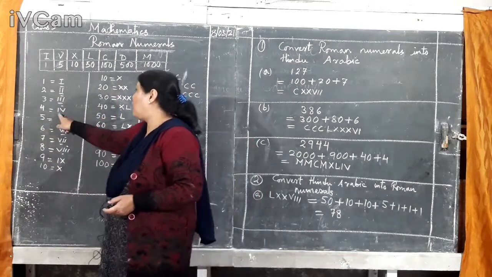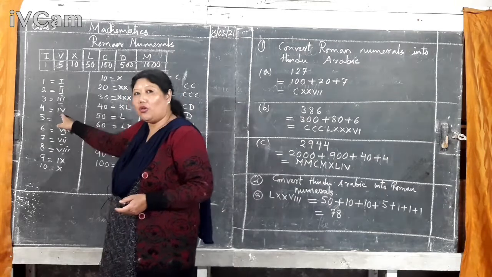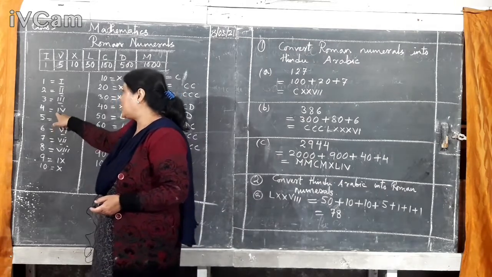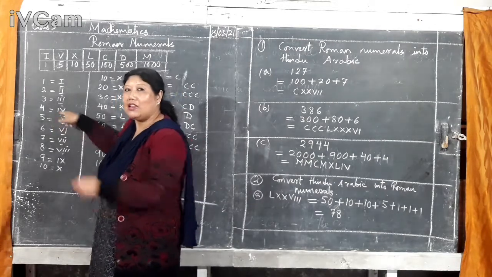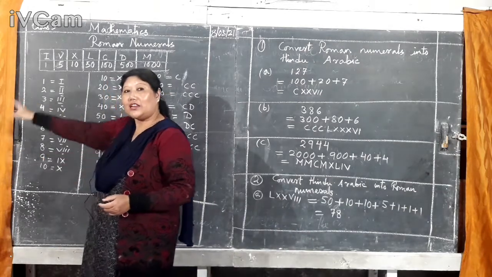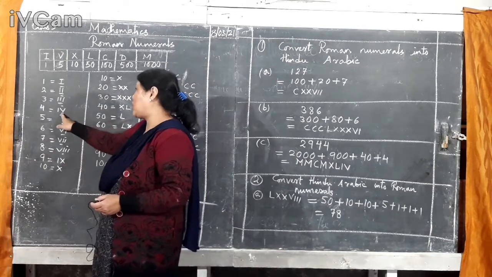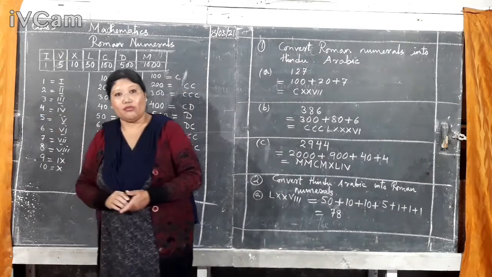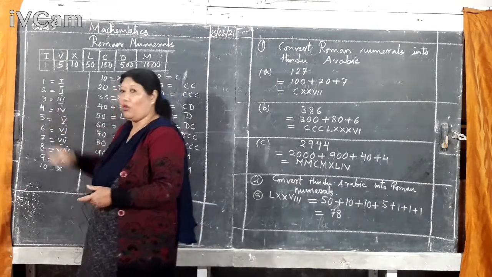Like here, 4. If you have to write 4, you write like this, isn't it? This I is on the left hand side of the bigger number, and if it is written on the left hand side, you have to subtract. 5 minus 1 will be 4. So this is 4.